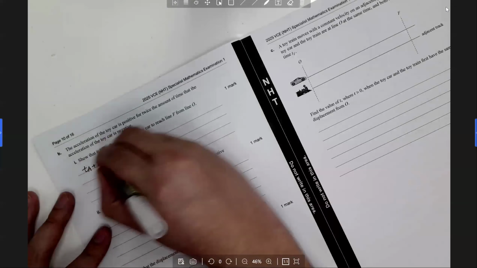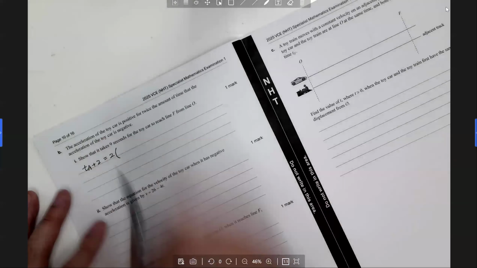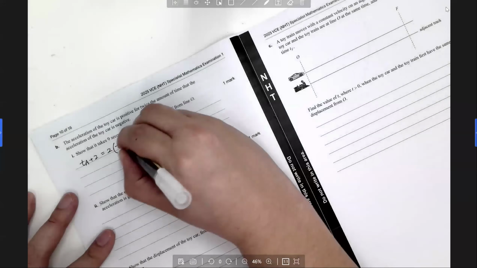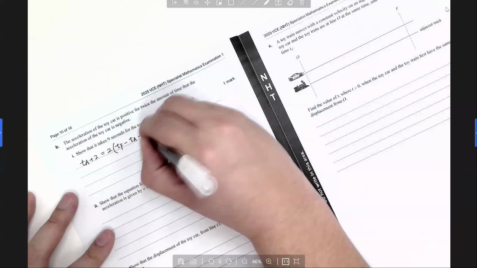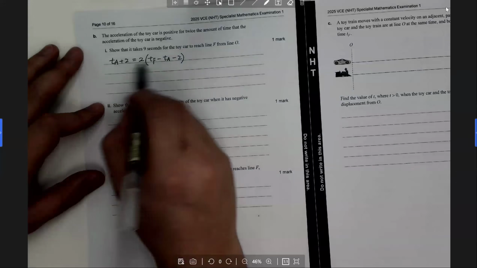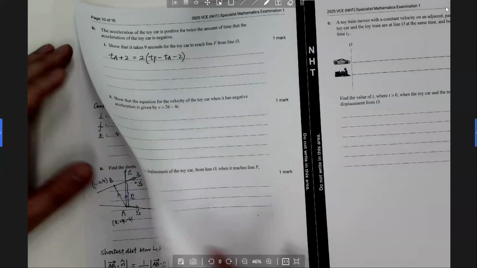TA plus 2 equals twice TF minus TA take 2, all right? And now, the other thing is we have two unknown variables. We need to find another condition.